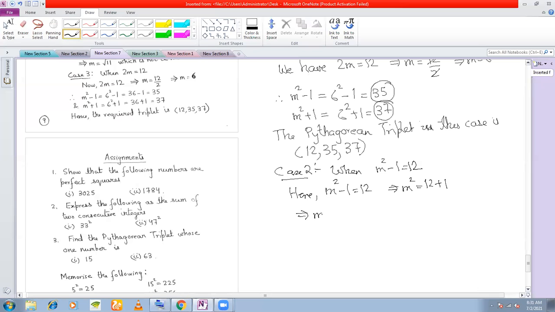That means m square is equal to 13. That means m must be equal to square root of 13, which is not acceptable, not possible, because m is a natural number, a positive integer.